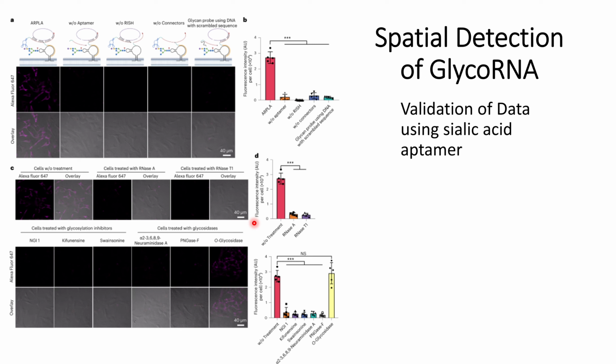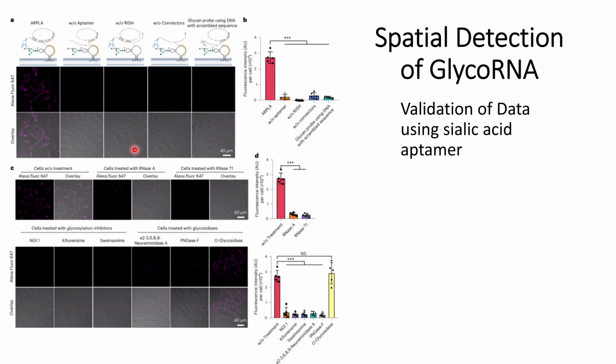The next study that they did was inhibiting the glycosylation using different inhibitors, and also targeting the RNA. First, without any treatment, the cells give the normal signals, and in this case they used their actual ARPLA reporter.